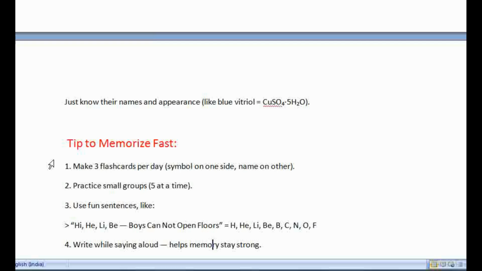Like here you can see H, He, Li, Be are there. To memorize them in order of atomic numbers, you can use fun sentences like "boys can not open floors". You can make your own fun sentences to memorize them.